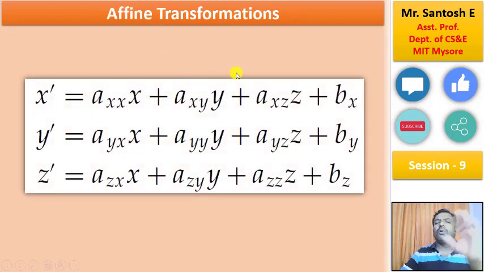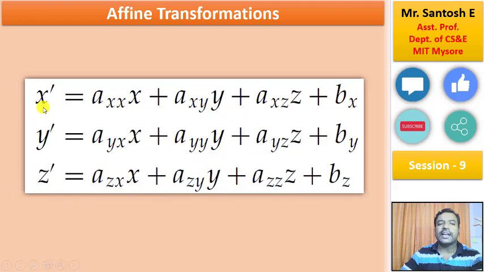Now with this, whatever transformations we have discussed until now, be it rotation, translation, scaling, or even reflection and shear, all these transformations we can call affine transformations, because they work on linear equations. Now whatever 4 cross 4 matrix we had, I am going to put it into this form.